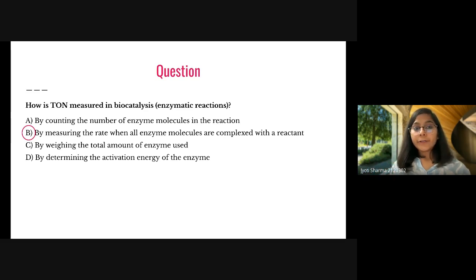As I told you, TON will be different for different types of catalysis, whether it is homogeneous, heterogeneous, or enzyme based. Based on the type of catalysis we are talking about, TON will differ. So for the enzymatic reaction, it will be by measuring the rate when all enzyme molecules are complexed with the reactant.